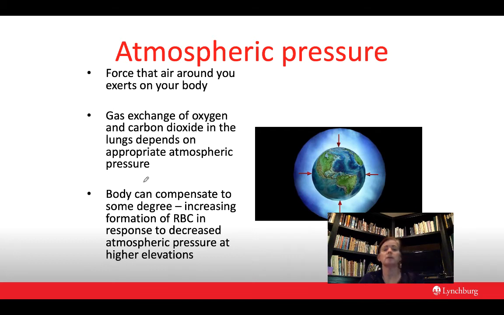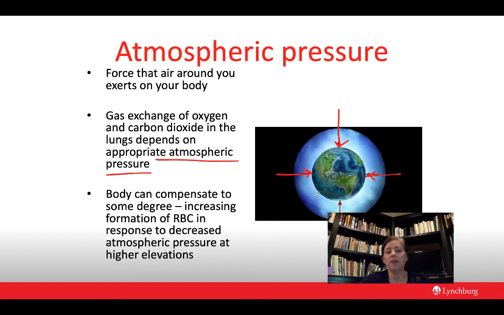Atmospheric pressure. Atmospheric pressure is basically the pressure of the air around you pushing down on you. We have an exchange between oxygen and carbon dioxide, and it is entirely dependent on atmospheric pressure.